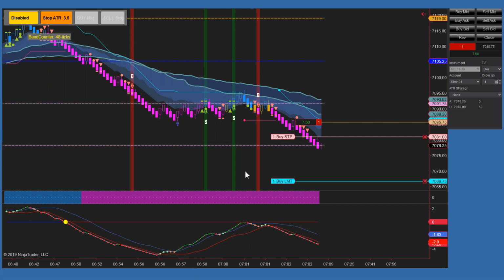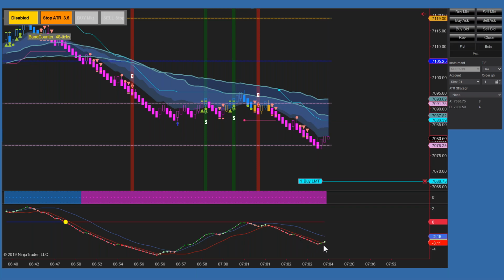Let's see how much pushback we get off of the secondary support zone. But we've got a scalp target in there, locked in. When the market's like this, I also tend to pay attention a little bit more to the Bollinger Suite.